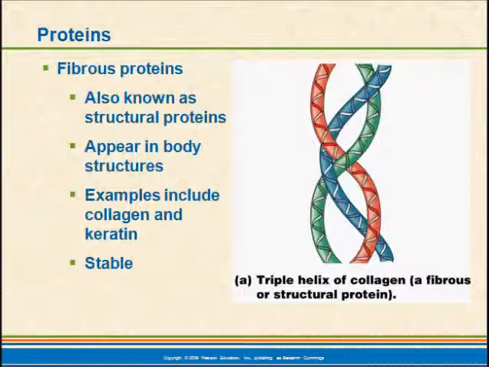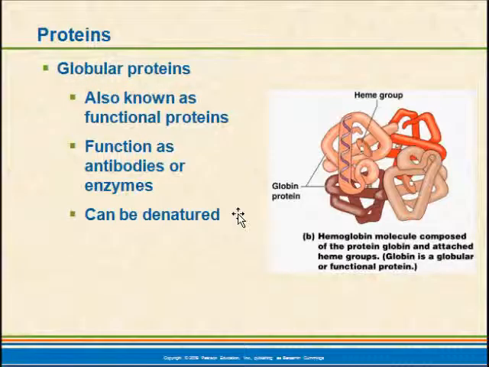Globular proteins, these are the functional proteins, and they function as antibodies or enzymes or any of a number of other things. But they can be denatured very easily. Now, when I talk about denaturing, what I'm talking about is that they lose their shape.